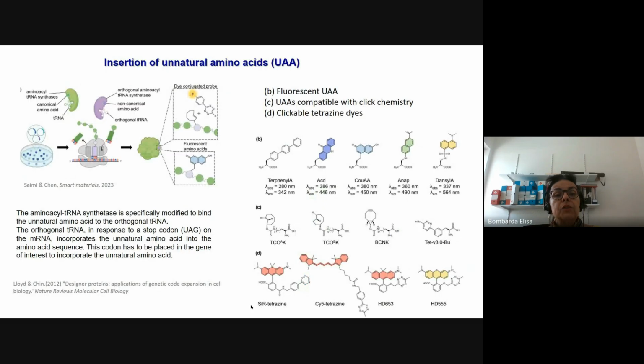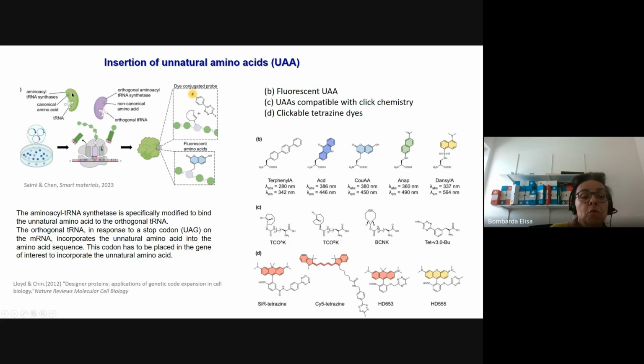Okay, and so yes, we see how this can be done with the modification of the genetic code. Practically, there is an enzyme called aminoacyl tRNA synthetase, which is responsible for linking the aminoacyl to a tRNA.